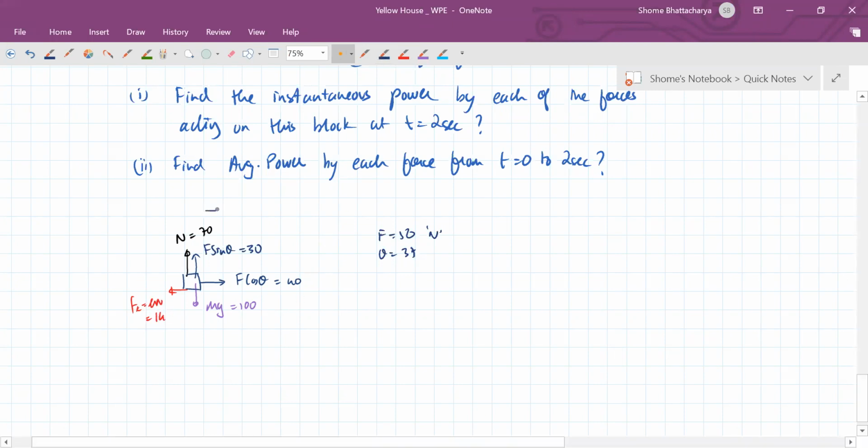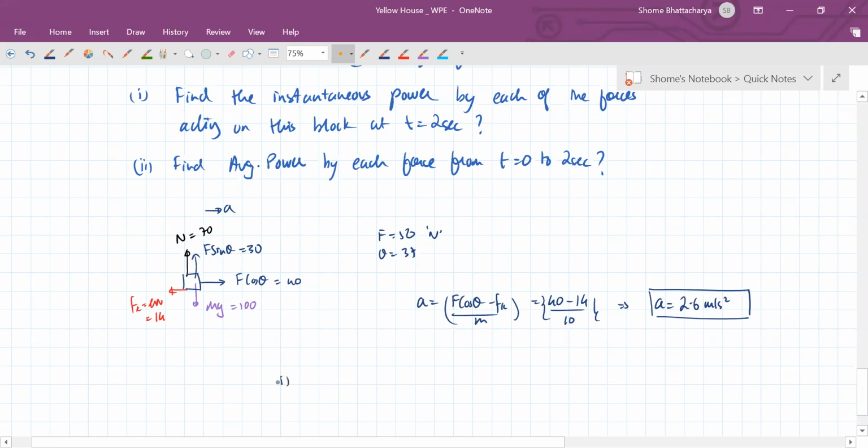So the body's horizontal acceleration will be such that, so 2.6 meters per second square.